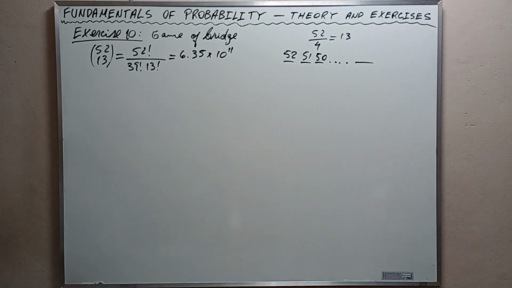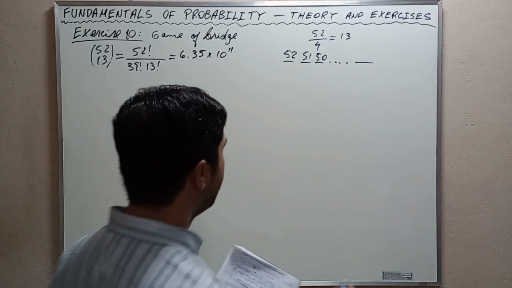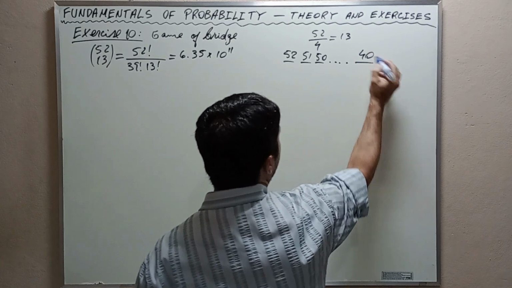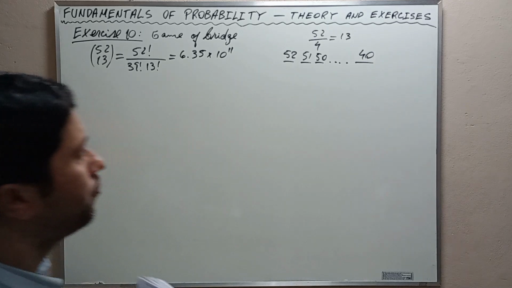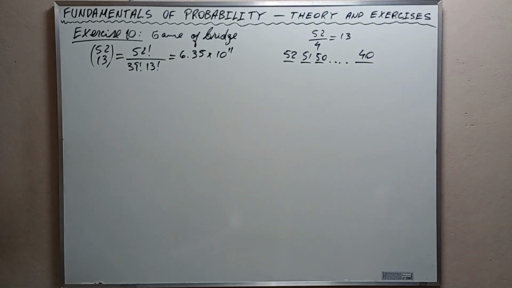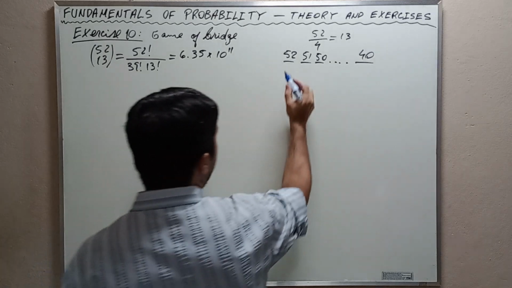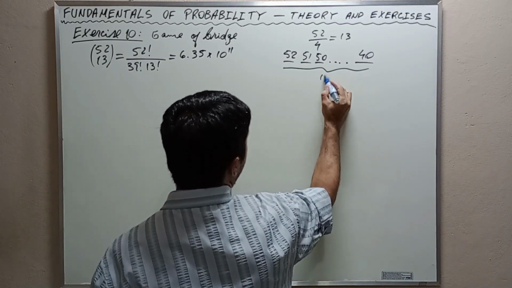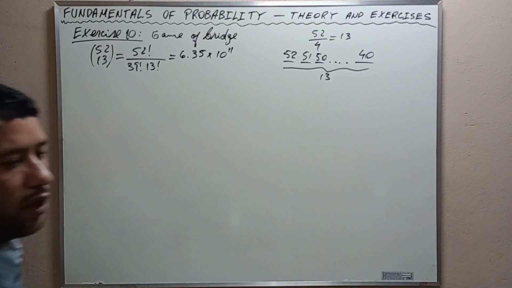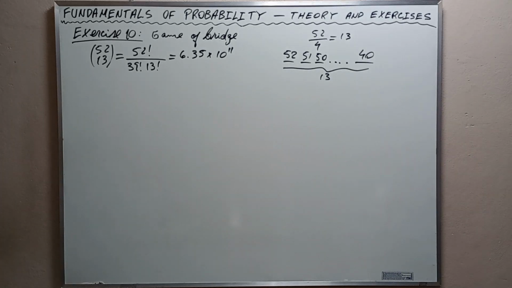And as I am removing cards from the deck, for the last card there will be only 40 cards in the deck, okay? I'm going to have 40 possibilities of cards to give the last card to John, okay? So this represents 13 cards randomly drawn from a deck, okay?